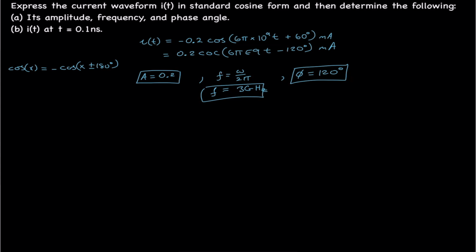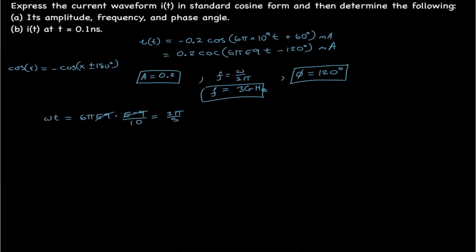So omega t is equal to 6π e to the 9, and t is 0.1 nanoseconds, so that is 1 over 10, which we can write as e to the negative 9 over 10. These cancel out, so we end up with 3π over 5.